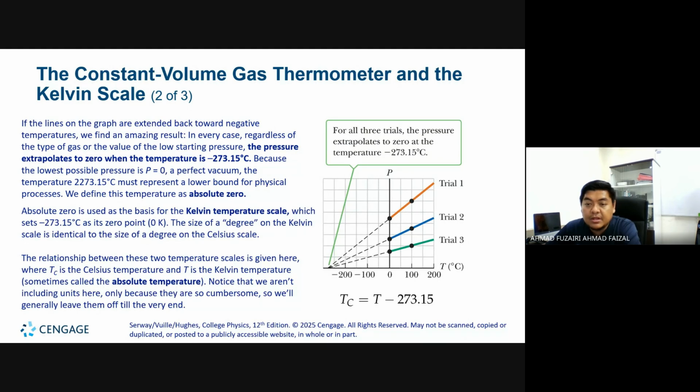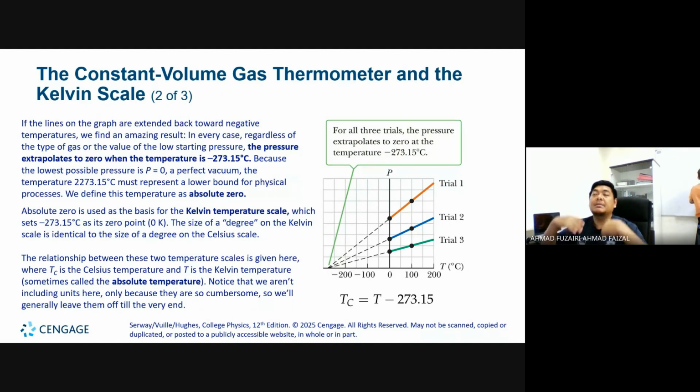It's negative 273.15 degrees Celsius. That means pressure equals zero represents a lower bound. This is what we call absolute temperature or absolute zero.